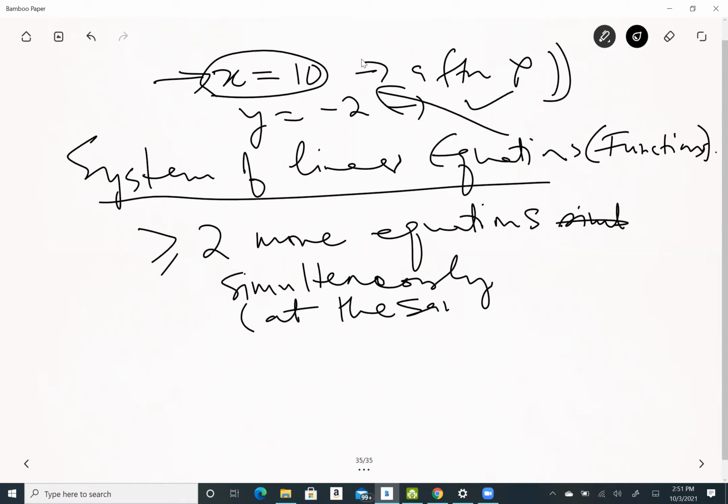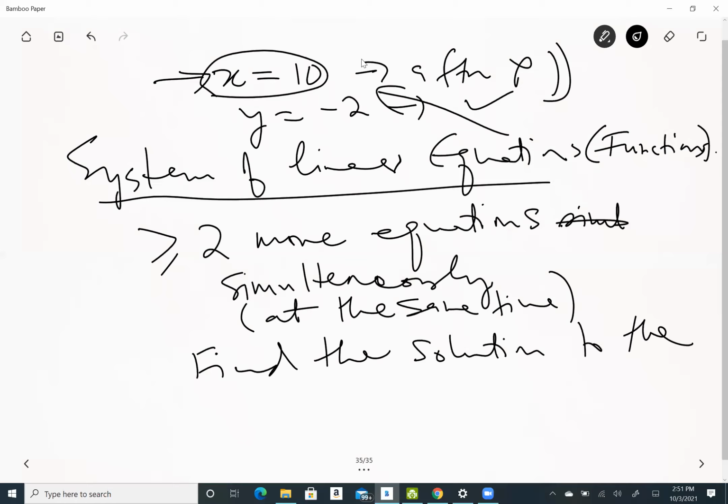So when you have this situation, you want to find the solution to the system. Now, what is the solution? The solution is the intersection.